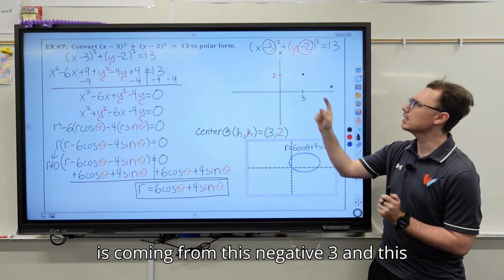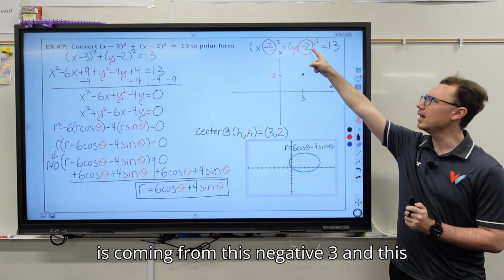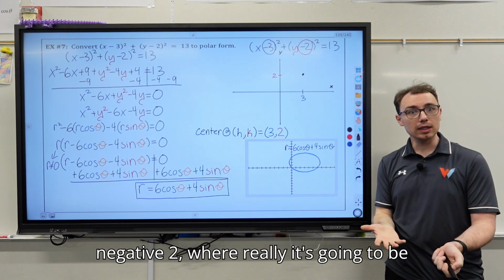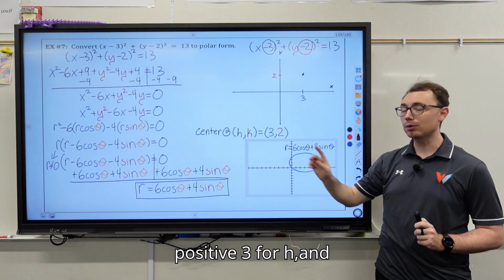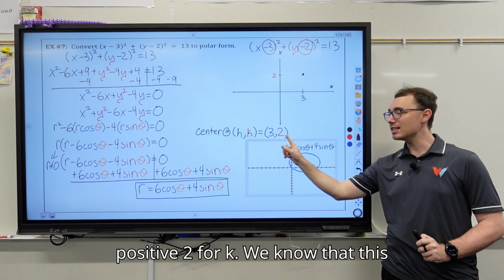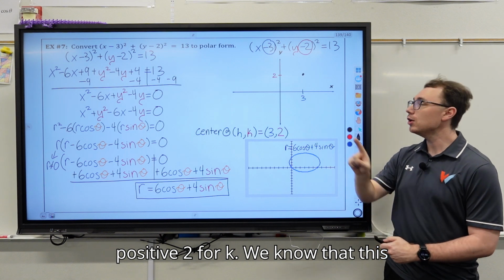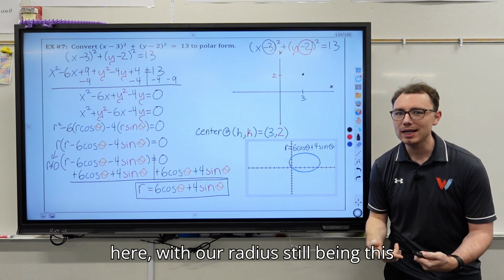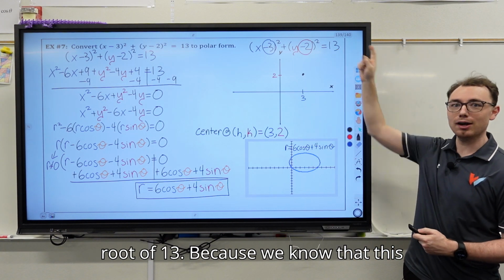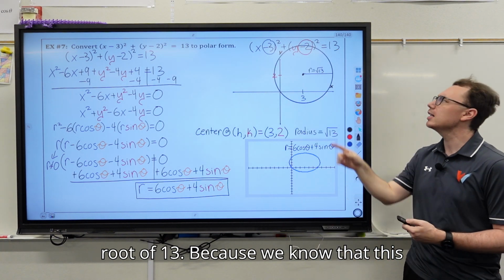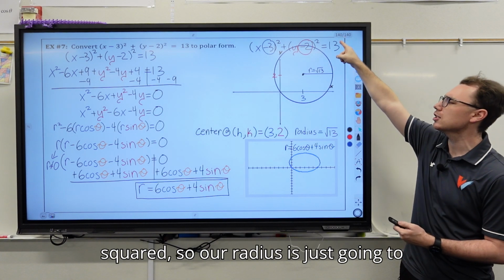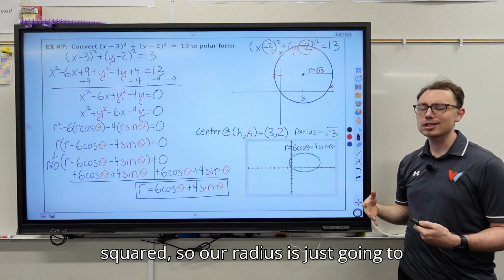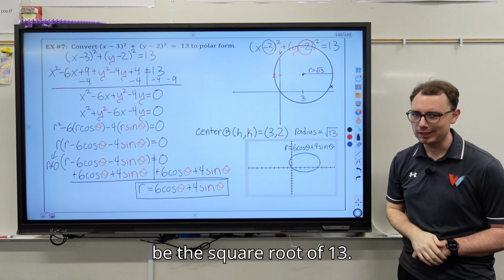The center point is coming from this -3 and this -2, where really it's going to be +3 for h and +2 for k. We know that this is going to be the center of our circle here, with our radius still being this root of 13. Because we know that this is going to be equal to our radius squared, so our radius is just going to be the square root of 13.